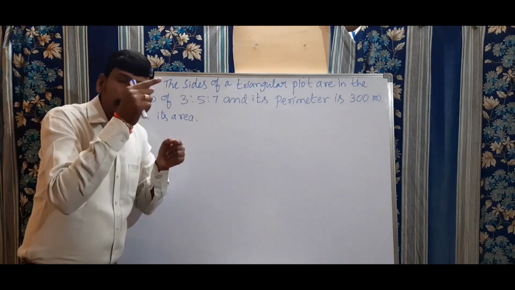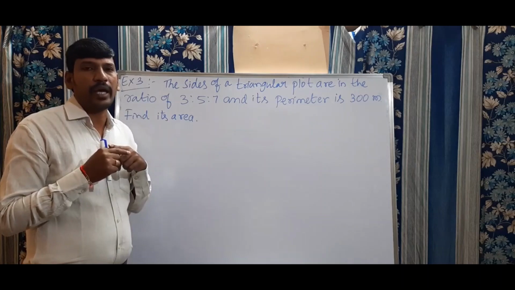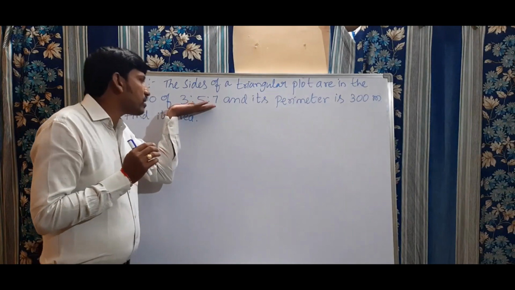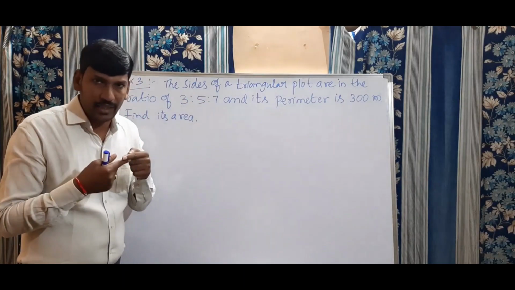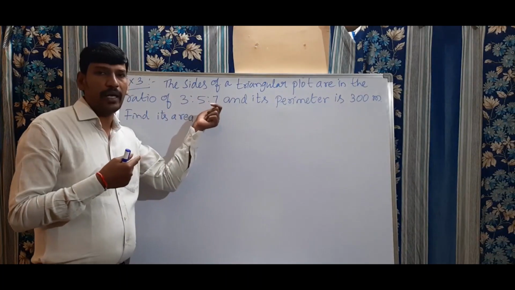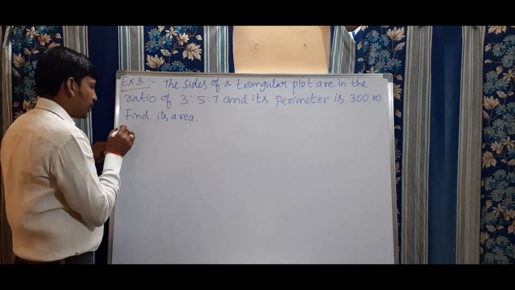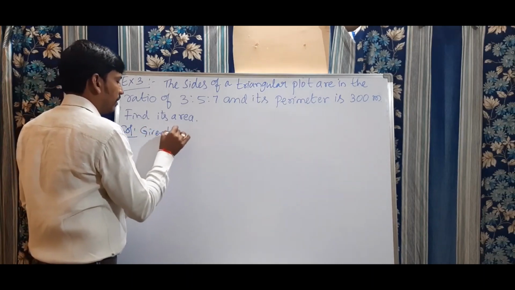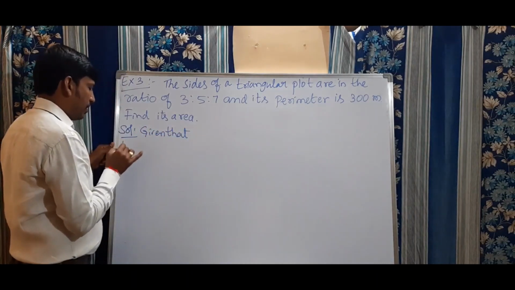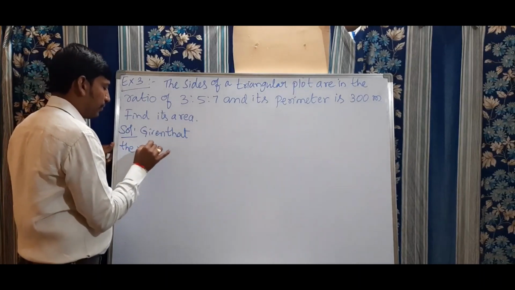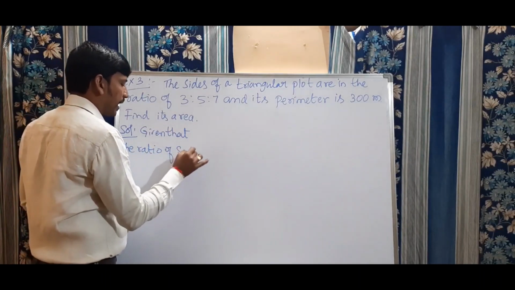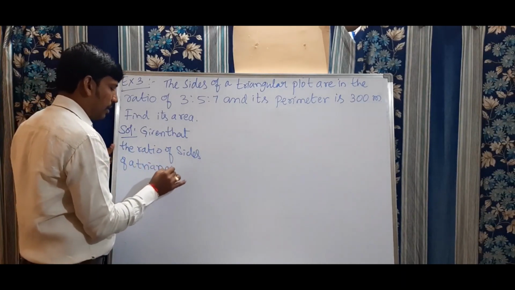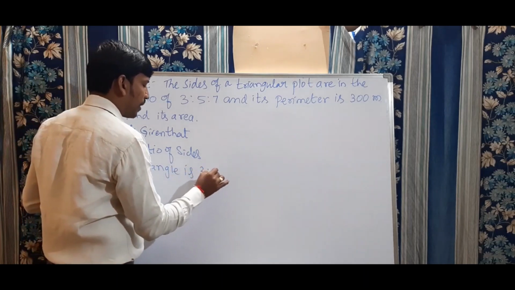Here they have given the ratio of the sides. Okay, we need to find each and every side. So now to remove this ratio, you can take one variable as x and multiply it with each and every value. Okay, now see this here. Solution. So given that the ratio of the sides of a triangle is 3:5:7.